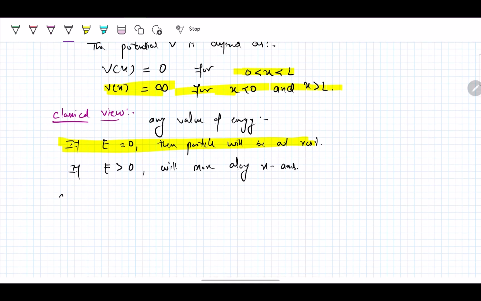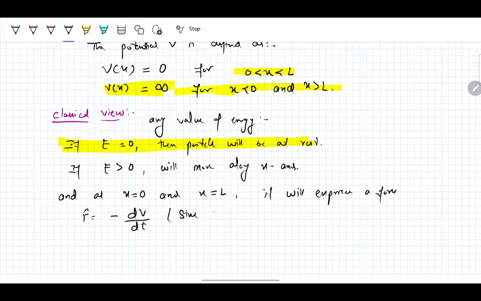And at x equals 0 and x equals L, it will experience a force. It means at the walls of this box, the particle will experience a force, and this force is F equals minus dV by dx, where V is the potential.